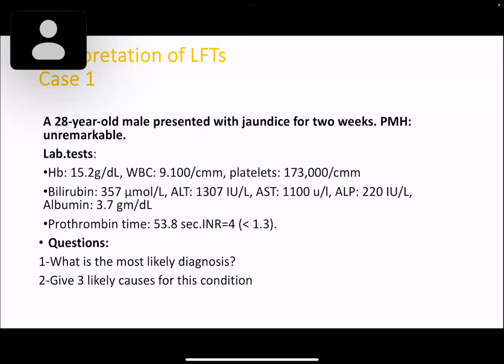Excellent. Paracetamol overdose, yes. Acetaminophen or paracetamol overdose is a common cause of acute liver failure. Yes. Third differential. Autoimmune hepatitis. Very good. Autoimmune hepatitis is another important condition that can lead to this clinical and biochemical scenario.